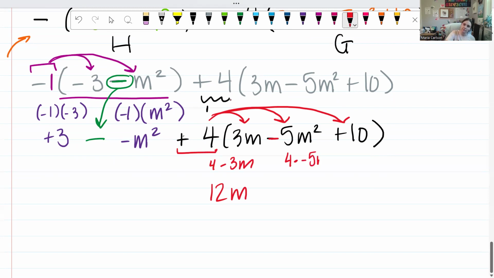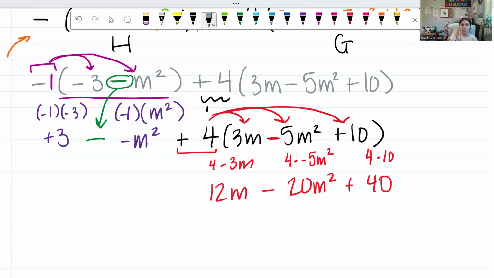So negative 5m squared gives me negative 20m squared. And notice since I attached the negative with the 5, I don't really need this to turn into a positive. I don't really need to worry about bringing down any negatives. So this is just 12m minus 20m squared. And then I'm going to multiply 4 times 10, which is 40. And it's positive.